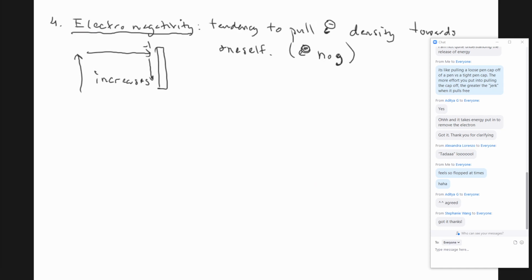Because by gaining that electron, that atom becomes stable. Make sense? And this leads to all that ionic bonding that we talk about, all the acid-base chemistry that we're going to talk about. Okay? Because what is acid-base chemistry?